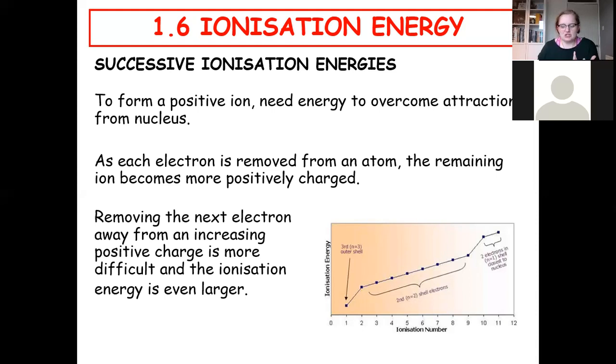Whilst it doesn't change as such, the proton number stays the same, but as we're losing a negative charge, it means that this positive charge becomes stronger. So as we lose electrons, this positive charge becomes bigger and bigger, and that has more of a pull on these electrons, and it doesn't want to lose them. So our ionization energy gets larger each time because we need more energy to remove these electrons, because it's harder to remove them as the nucleus is becoming more positive.